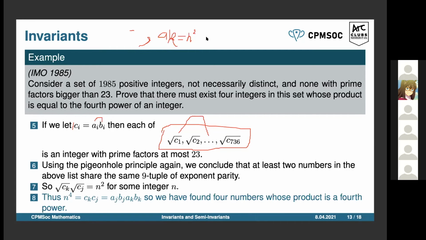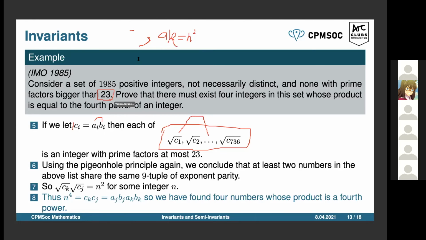All right. And so the next thing is, now we can simplify the problem. So instead of trying to figure out whether a number is a perfect square or not, you can just look at the parity of the exponents in the prime factorization. And you can also list out all the 9-tuples of possible parities of your prime factorization for prime factors at most 23.